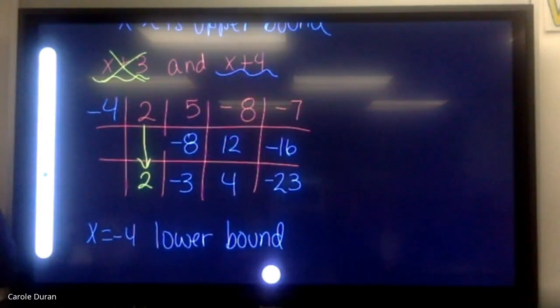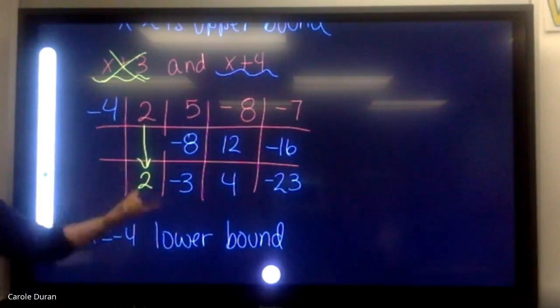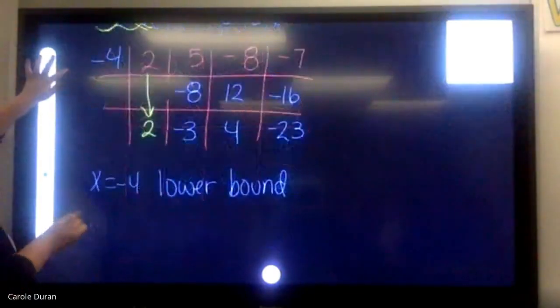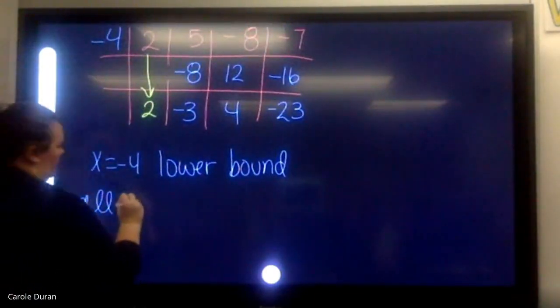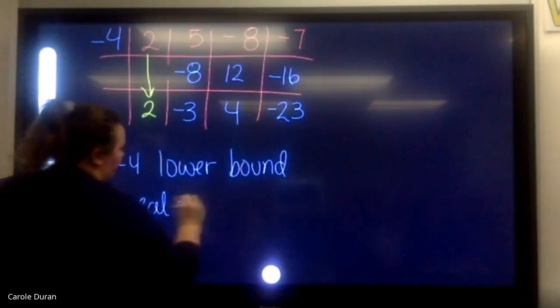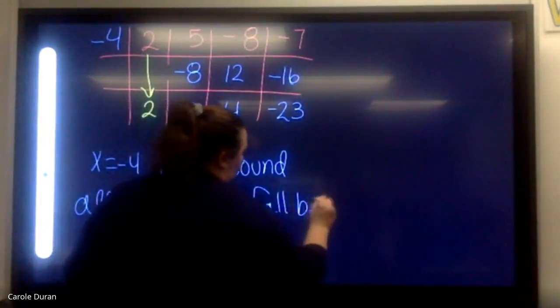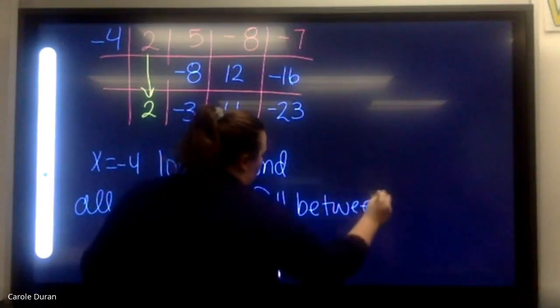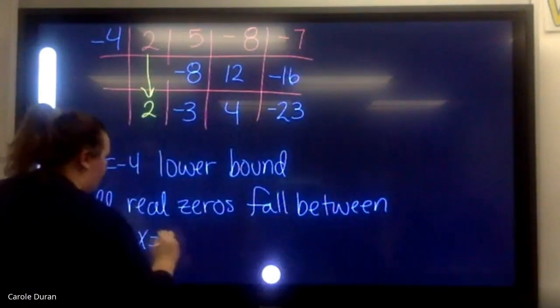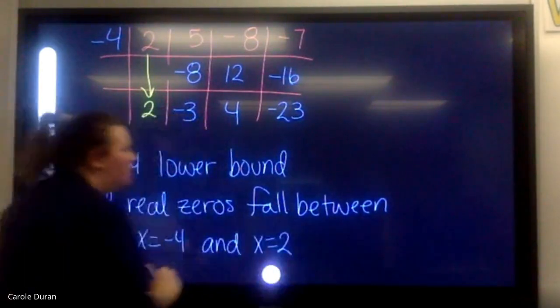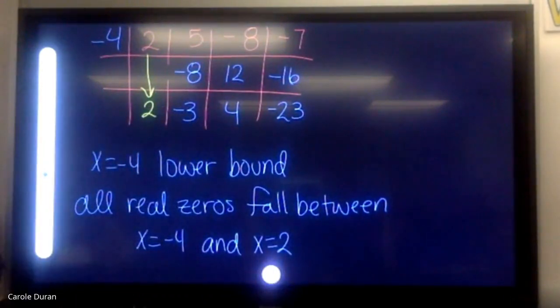Which means that all of the zeros that I could get have to fall between this lower bound of negative 4 and the upper bound of positive 2. So that's another helpful thing to know. All real zeros fall between x equals negative 4 and x equals 2, since those were my lower and upper bounds.